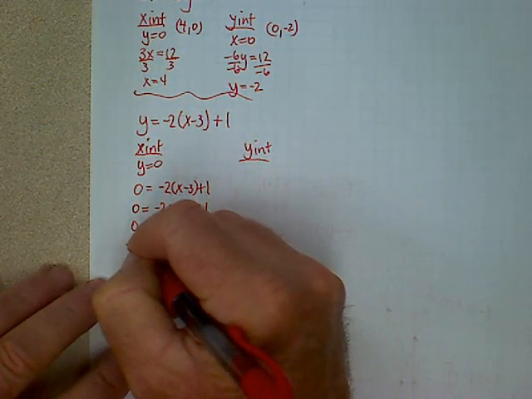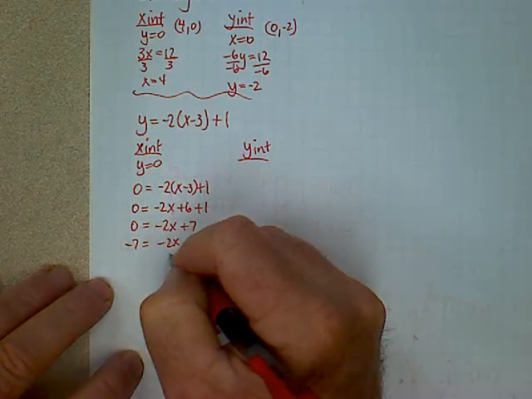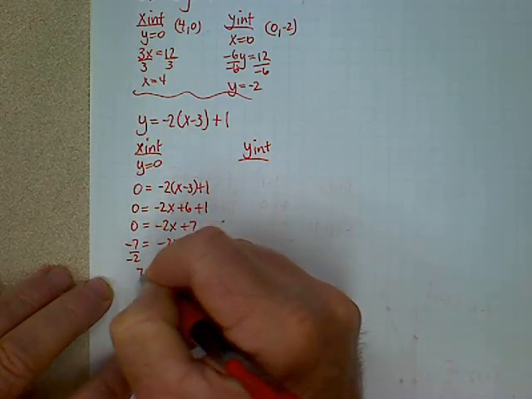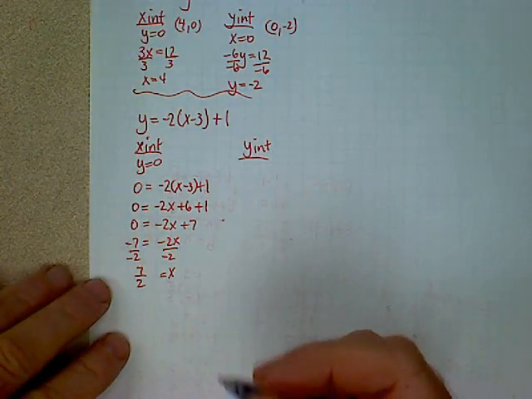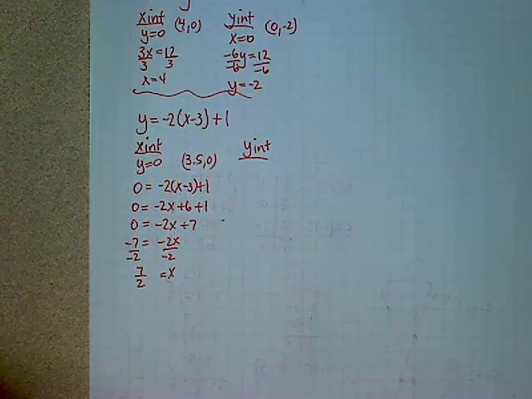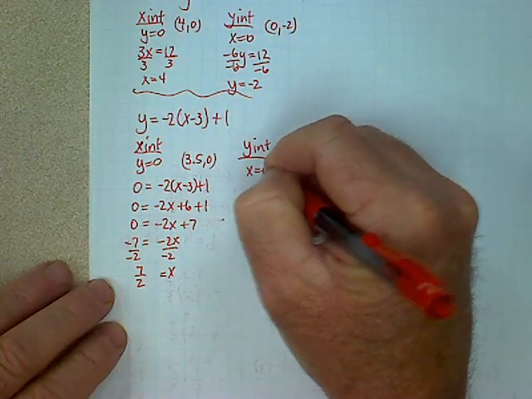Subtract over the 7, so -7 equals -2x. Divide each side by -2, and you're going to have x equals 7 over 2, or 3.5. I would probably say 3.5 because that's going to be a little bit easier to graph. (3.5, 0).